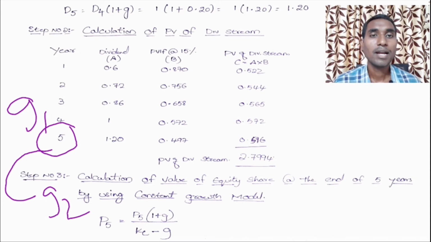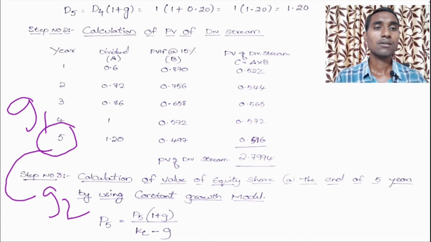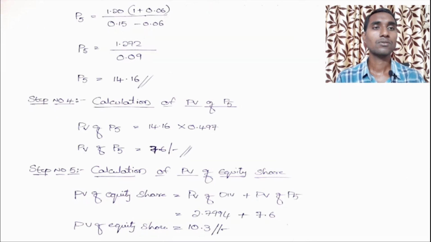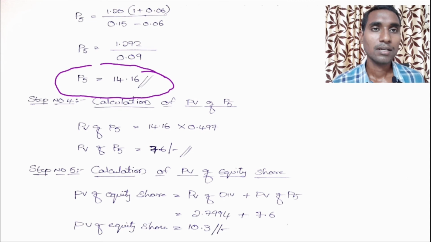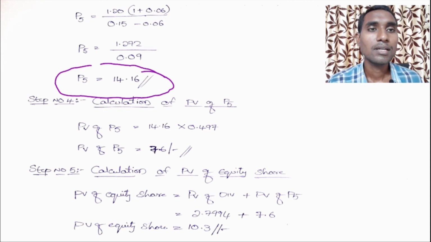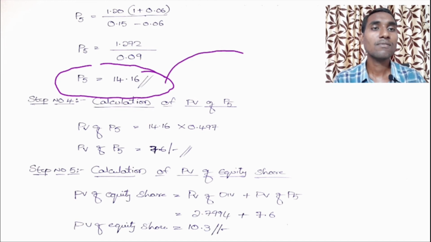If you want to find the price at the end of the 5th year, we will use the formula called the constant growth rate model formula. According to the constant growth rate model, P5 is equal to D5 into 1 plus G by KE minus G. By using the constant growth rate model, I got the value at the end of the 5th year, that is 14.16.